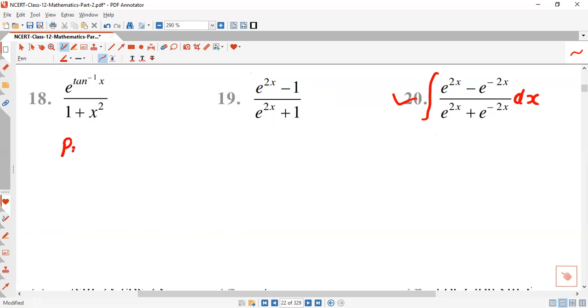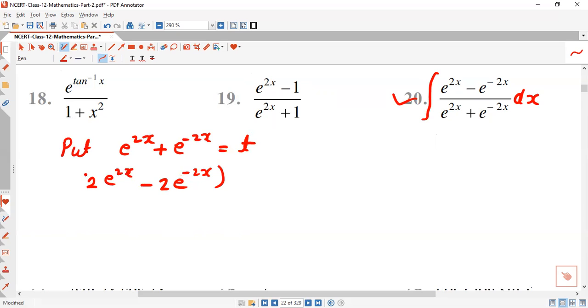Put here in this question, the denominator e raised to 2x plus e raised to minus 2x equal to t. So what we are getting? 2 times e to the power 2x minus 2 times e to the power minus 2x dx equal to dt. Put this value in the integration.